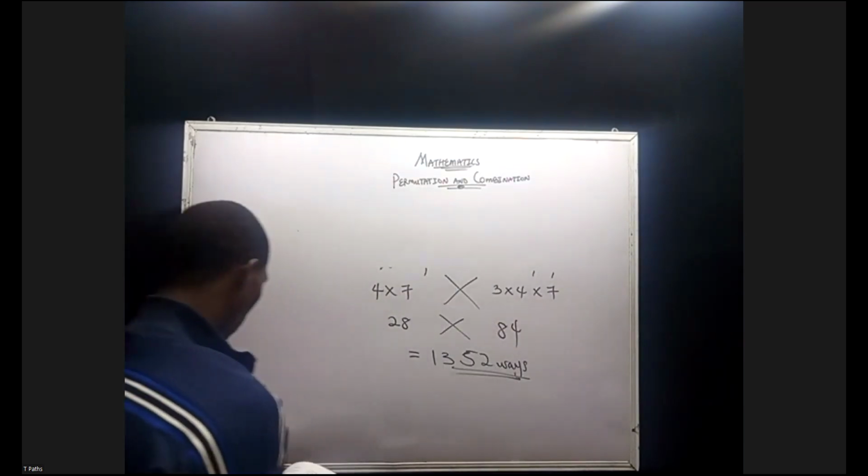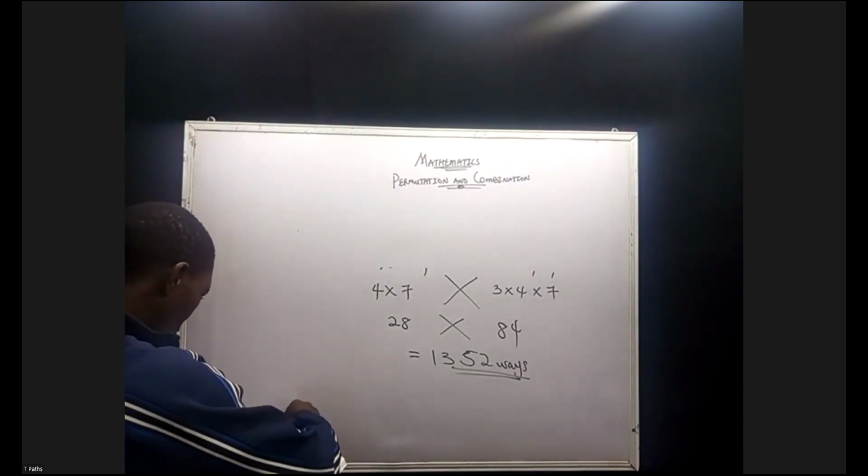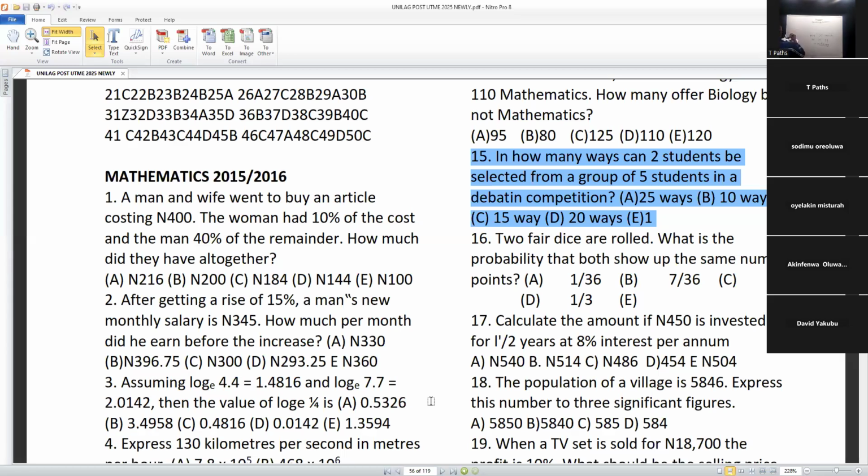I can write the question also. So here comes the question that says, in how many ways can two students be selected from a group of 5 students?